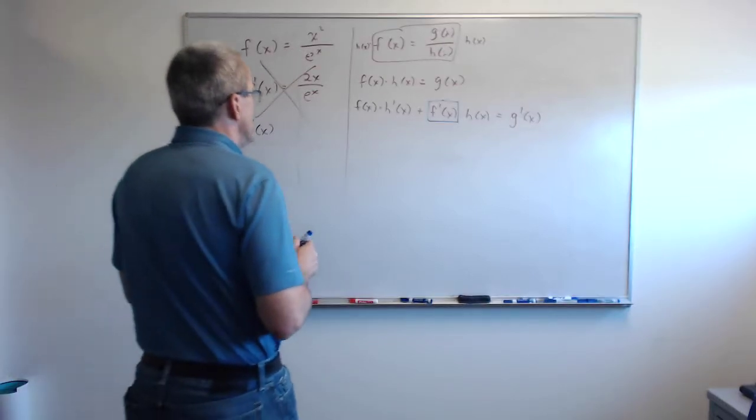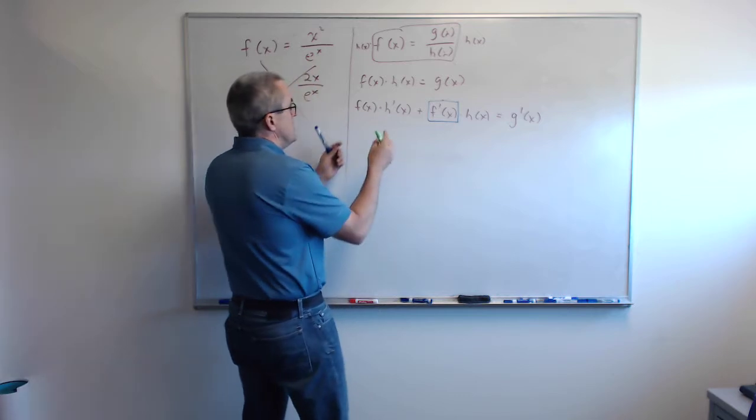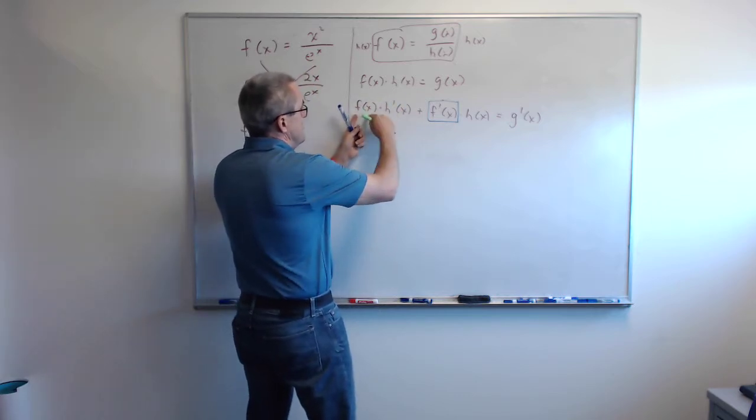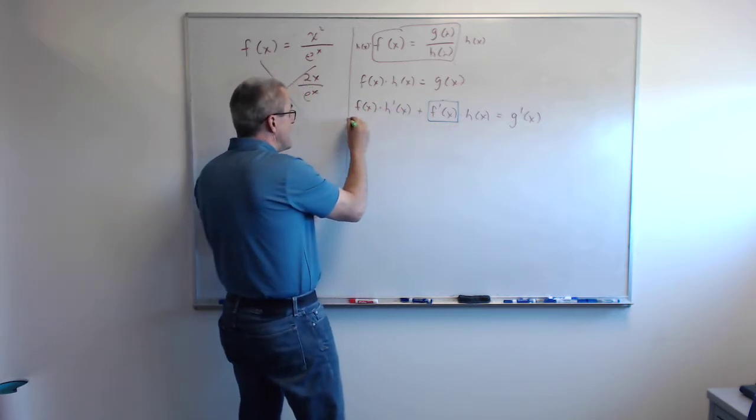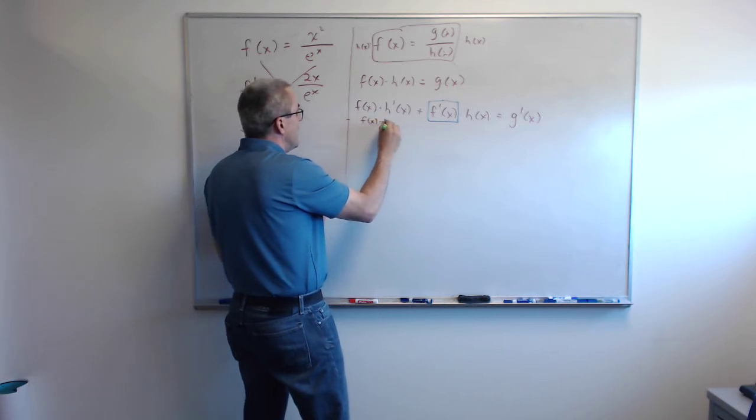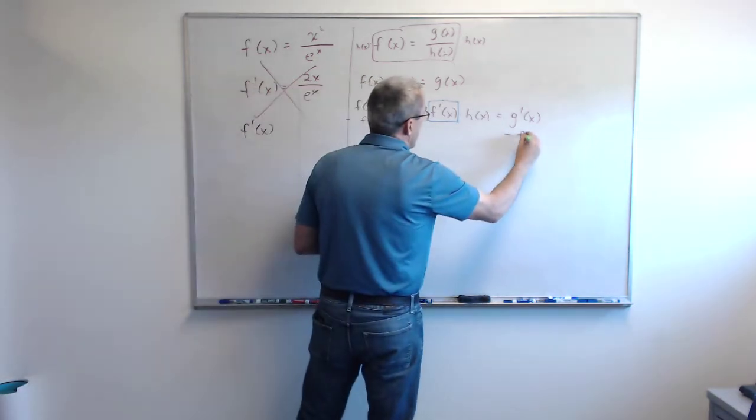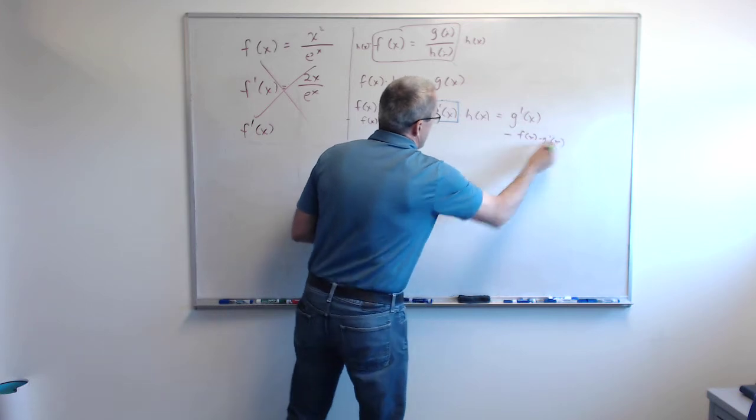What we're going to do is just algebraically manipulate until we figure out what that f prime of x should be. Would y'all mind if I first subtracted this term from both sides? Like imagine subtracting from both sides.